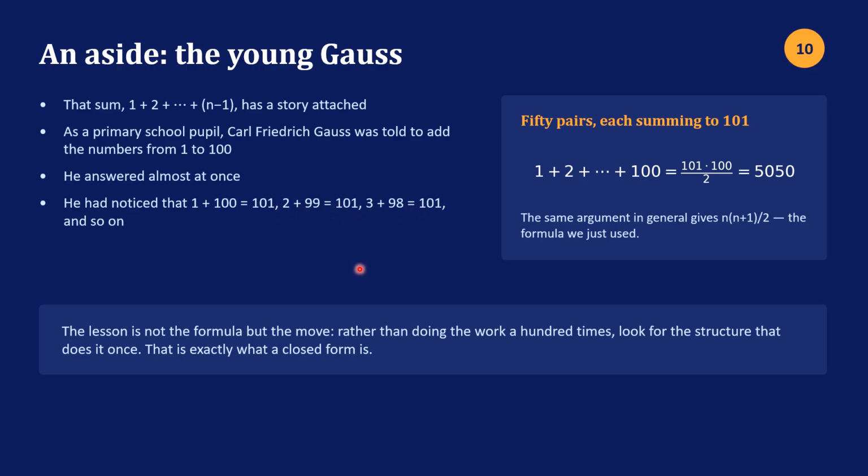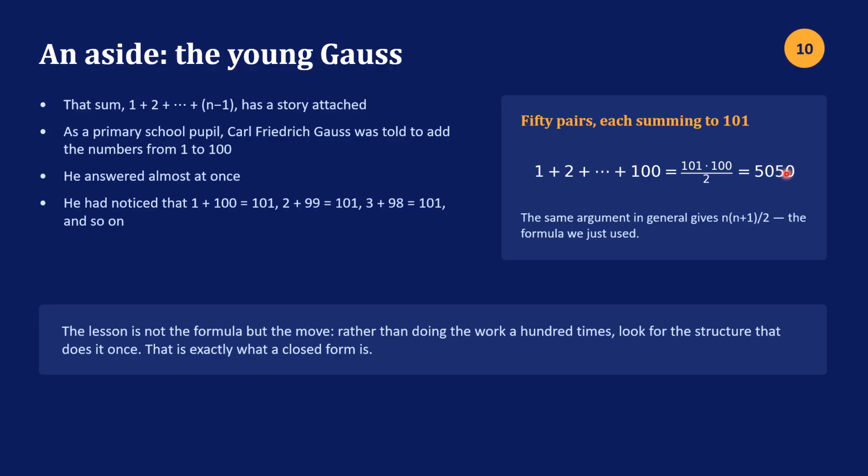Basically he saw that if you line up from 1 to 100, and then underneath it you line up from 100 downward to 1, and you add each of the terms together, you're going to get 101 100 times, and you divide by 2, and you get 5,050.